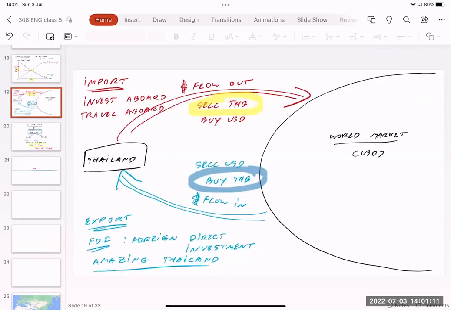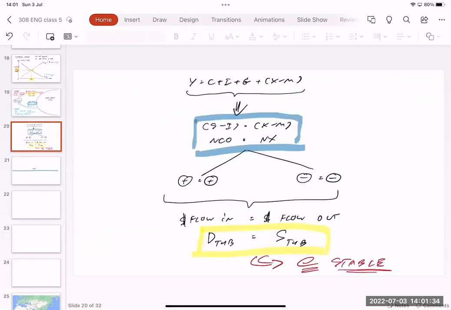And last time I told you that economic activity that makes money flow out of the country is going to be the factor to sell Thai baht. Economic activity that makes money flow into Thailand is going to be the factor of buying Thai baht, right? And I tried to link the idea of money flow in and money flow out to the equation that we solved before.